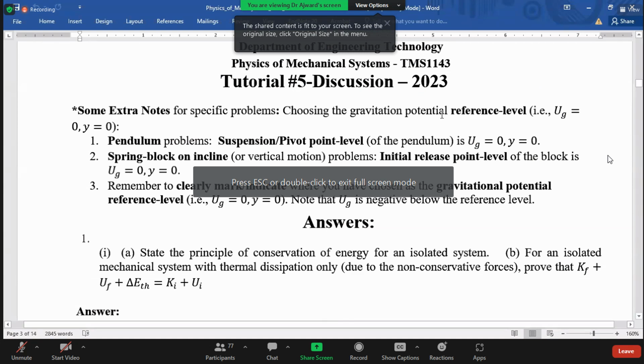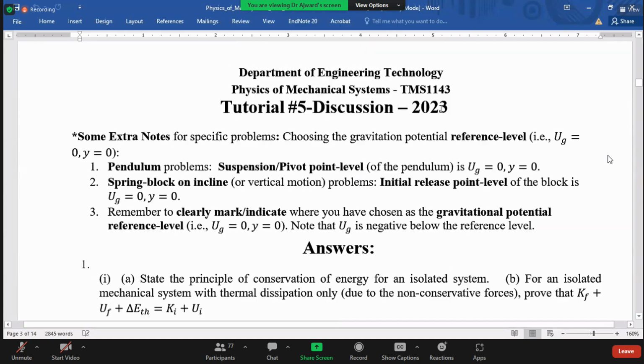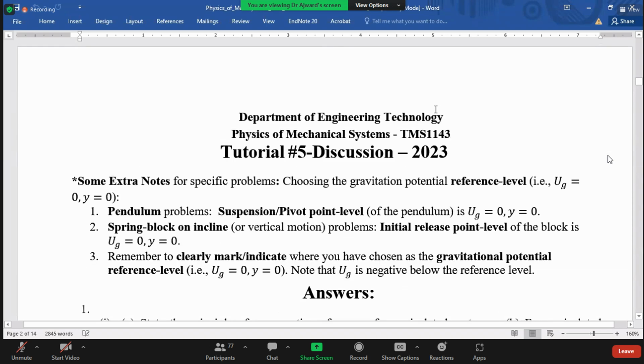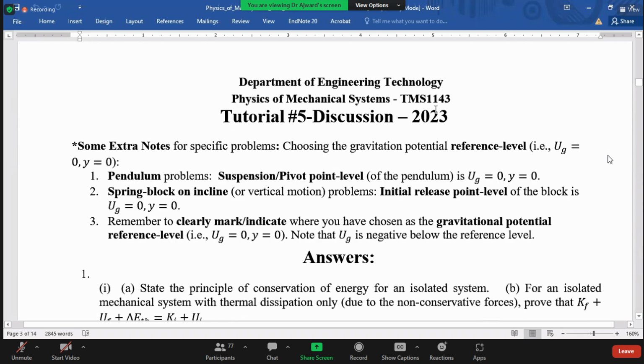So all tools are available, as I told. So it is up to you to decide, are you going to get an A plus or what? If you plan for A plus, at least you will get a B plus. Some of you might get A plus itself.